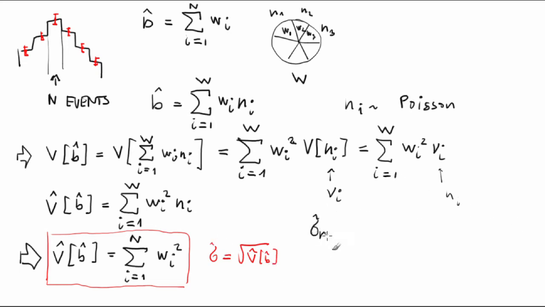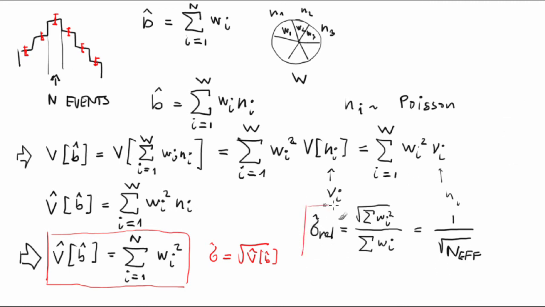Sigma hat relative equals the square root of the sum of w_i squared over the sum of w_i. The last formula can be rewritten with the use of the effective number of entries. Sigma hat relative equals 1 over the square root of n effective.